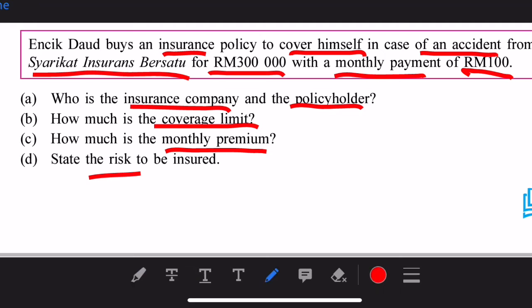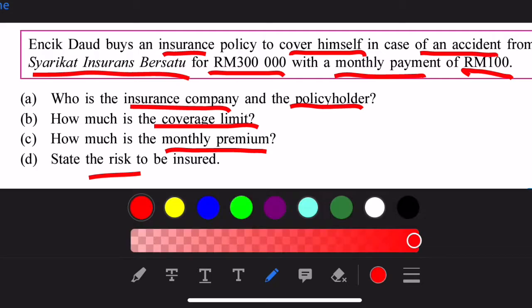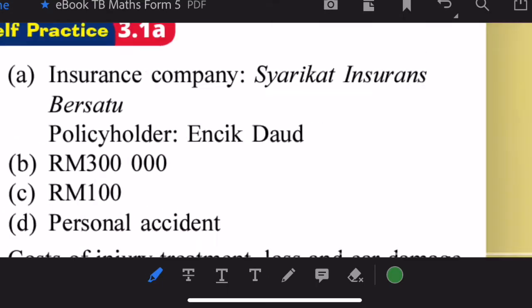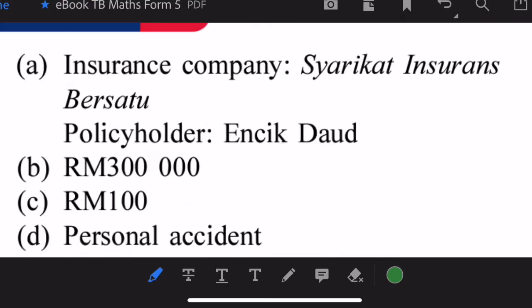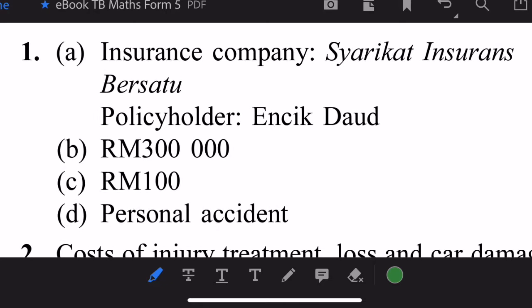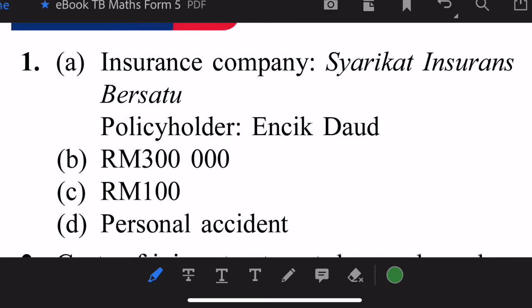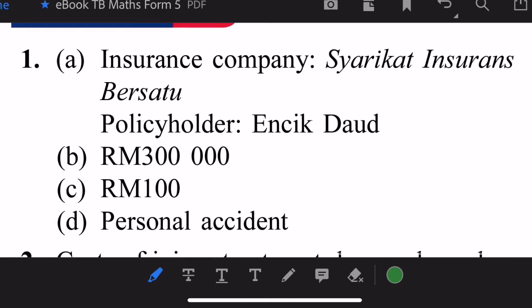Okay, so let's discuss the answer. The insurance company is Syarikat Insurans Bersatu. It's very easy, right? The policy holder is Inche Daud. And then the B is the limit, it's 300,000, and the premium is 100.